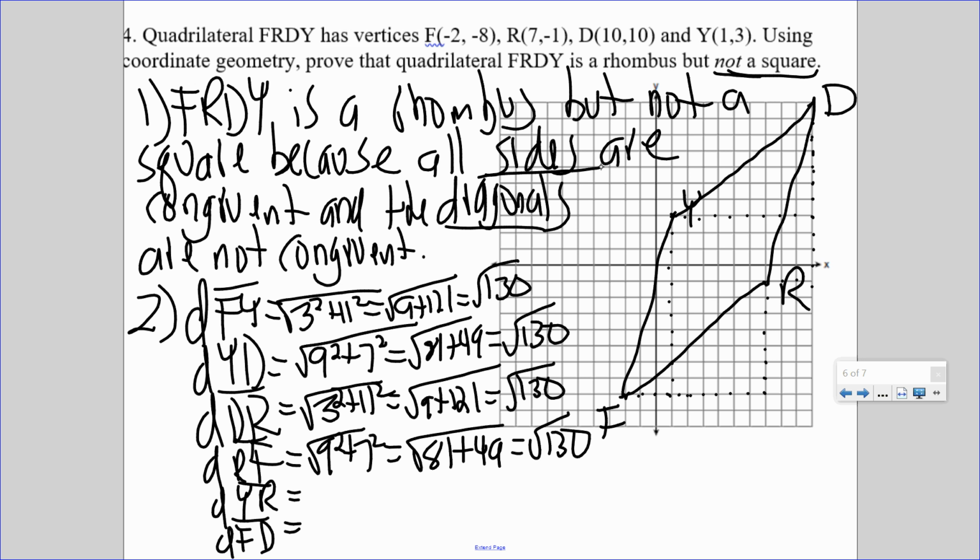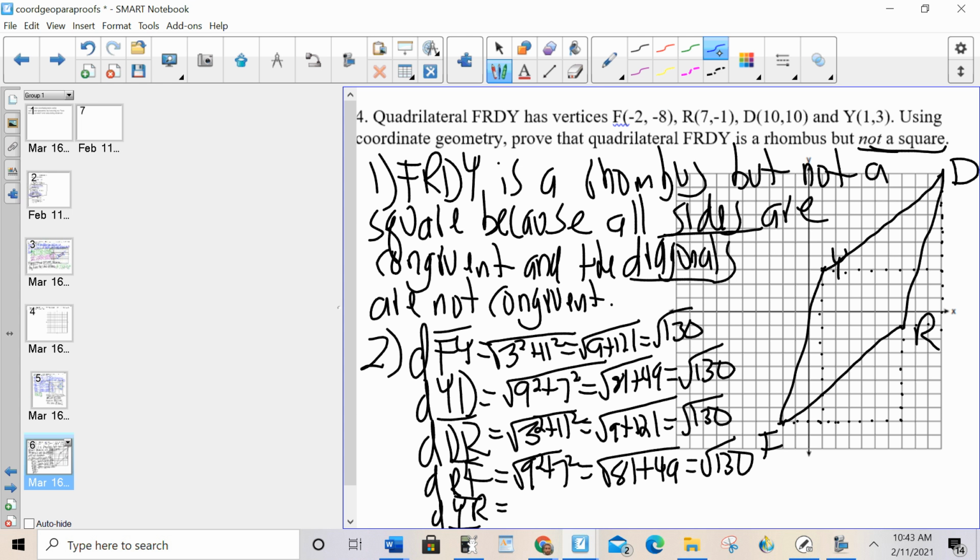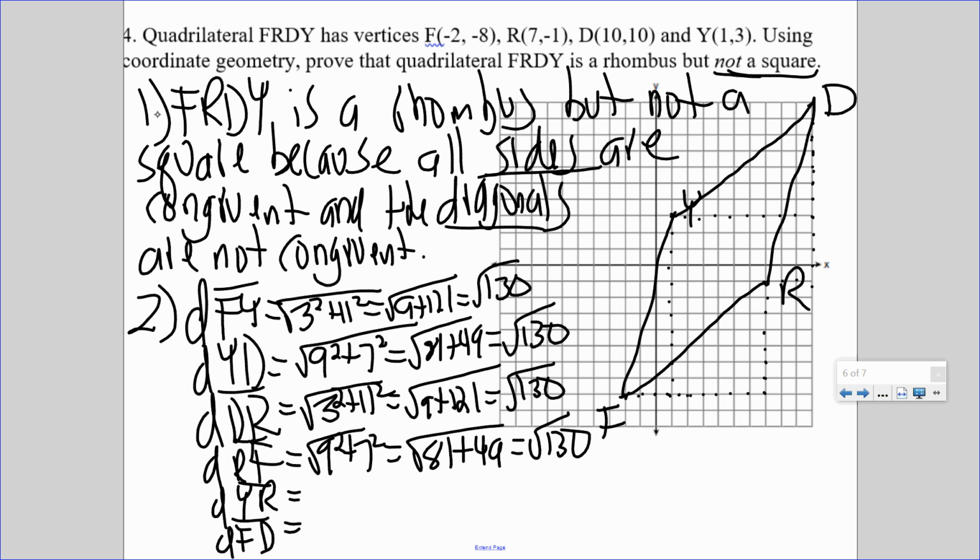Now I got to do the diagonals. YR is, let's just do a different color for that. The changes are 6 and 4. And since I'm proving the diagonals are not congruent, I should not get the same distance for each of them.